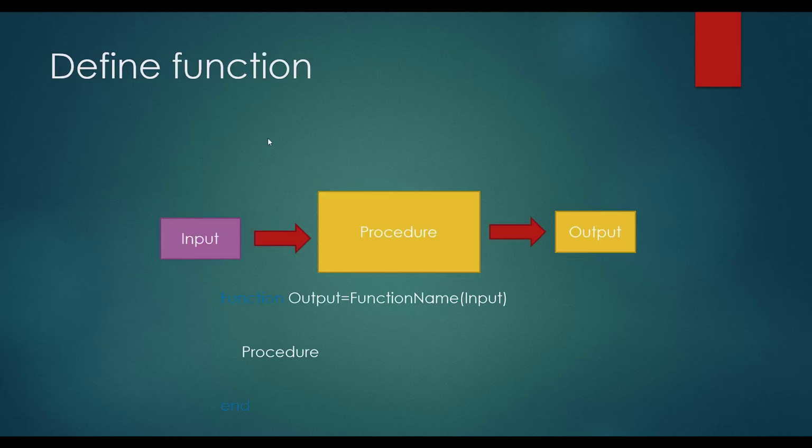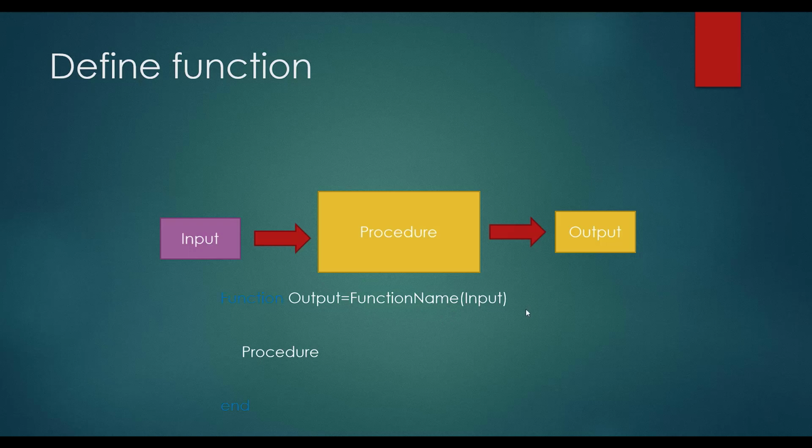And we have also defined a function here. In any specific function we have inputs, output, and the procedures. For any given function in Matlab we define functions like this. It starts with the function keyword and ends with end, and any function has an output, and we have to set a name for our function, and we have to set inputs.